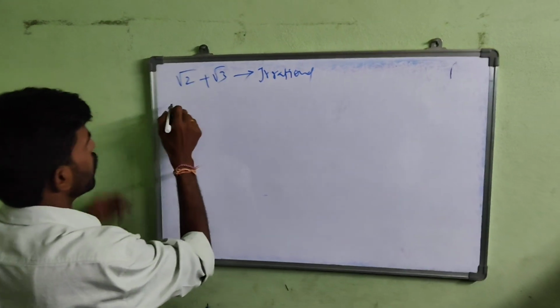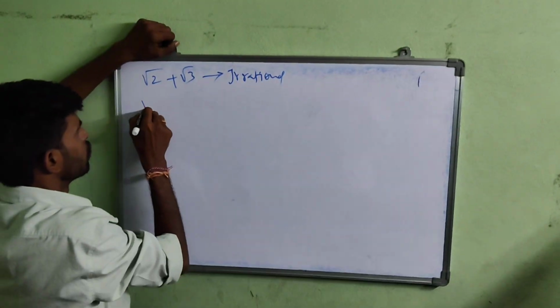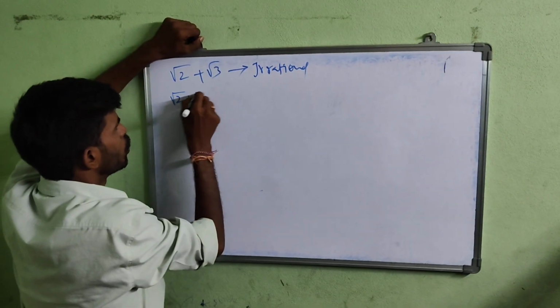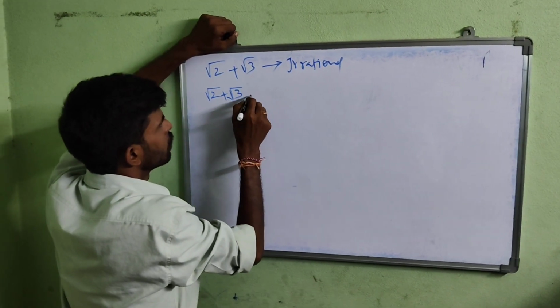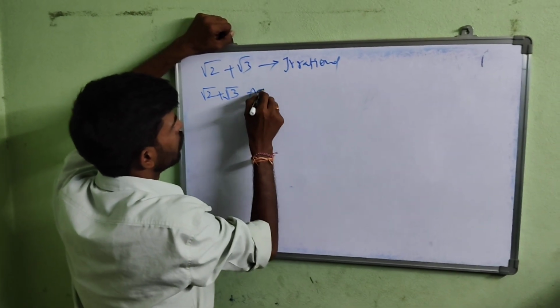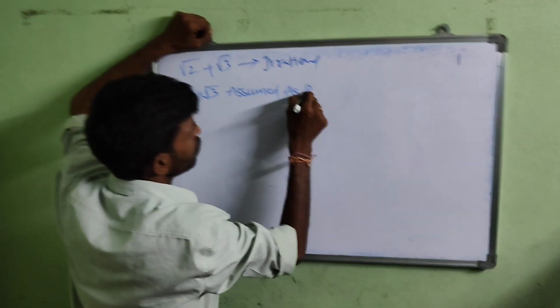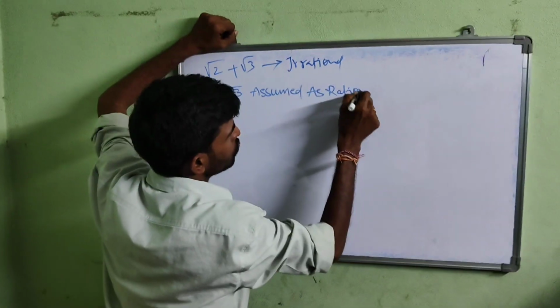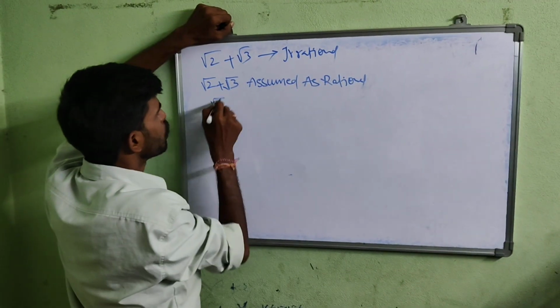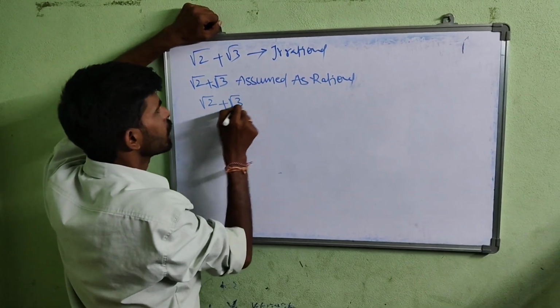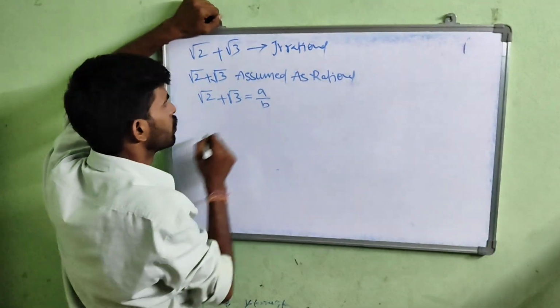First of all, I assumed root 2 plus root 3 as rational. That means root 2 plus root 3 equals a by b.